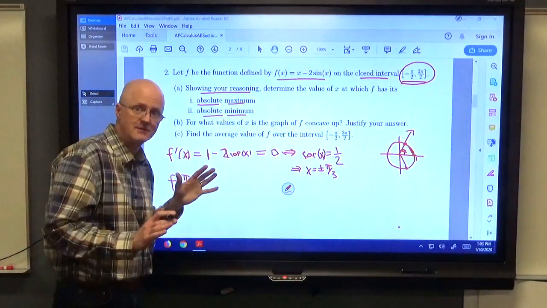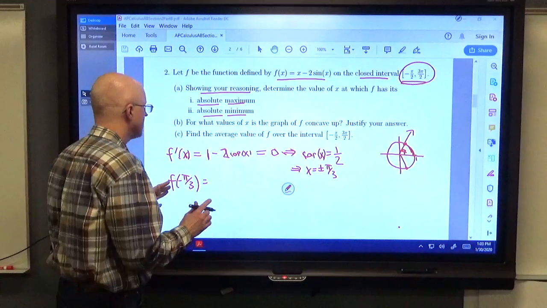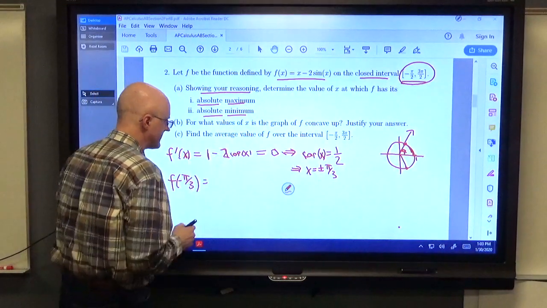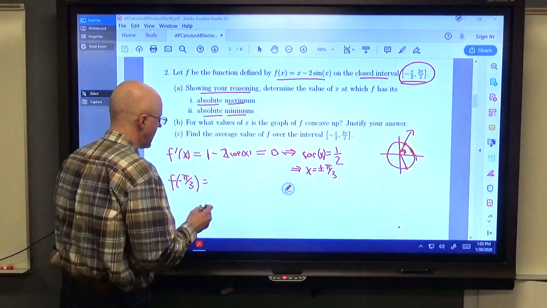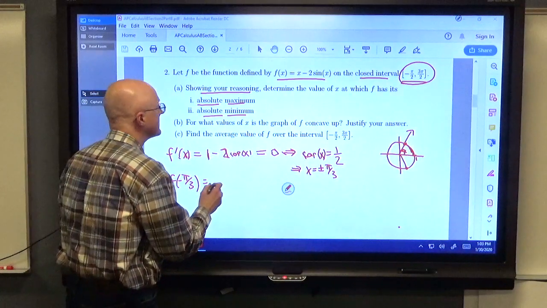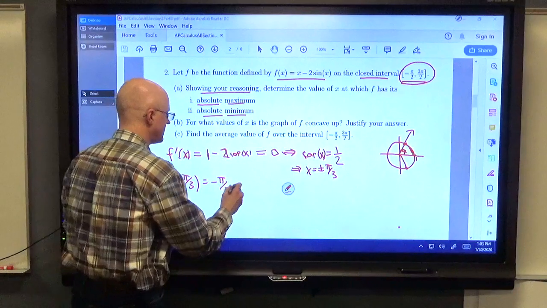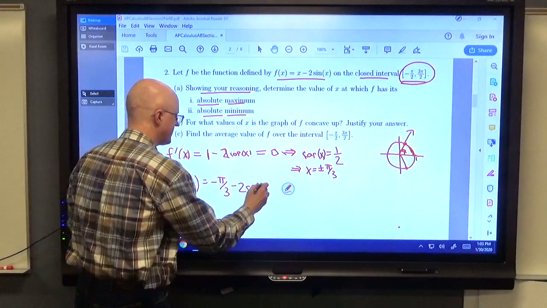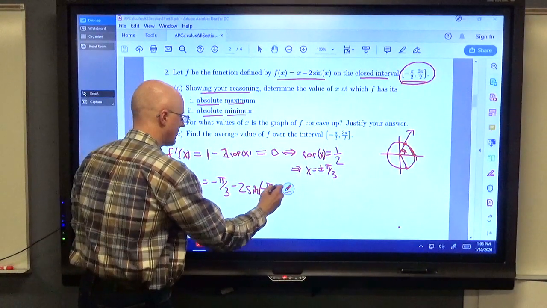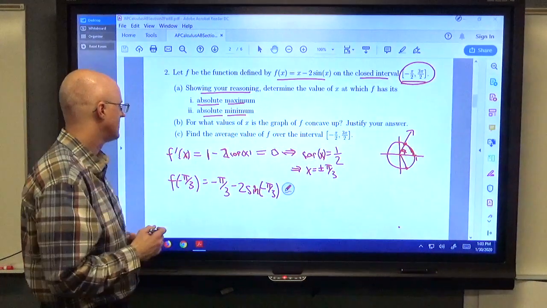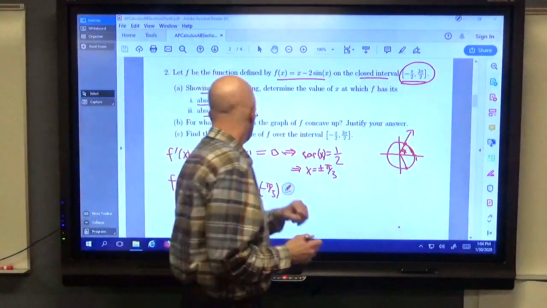And again, I'm not using the first or second derivative test here. I could use maybe quickly the second derivative test to see where I have a local max or a min, but it's fine to just plug into the function x minus 2 times sine x, back into the original function.